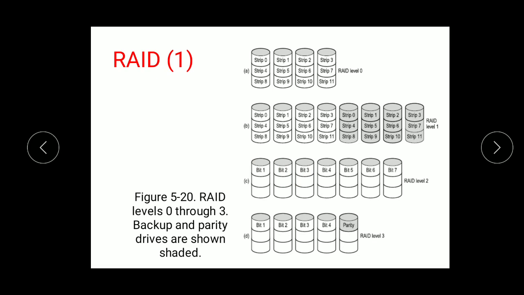Now there are levels in RAID: RAID 0, RAID 1, RAID 2 and RAID level 3. These levels specify the functioning of the data at each level.